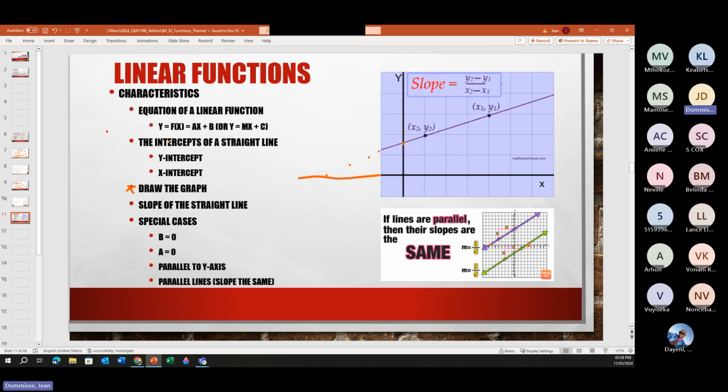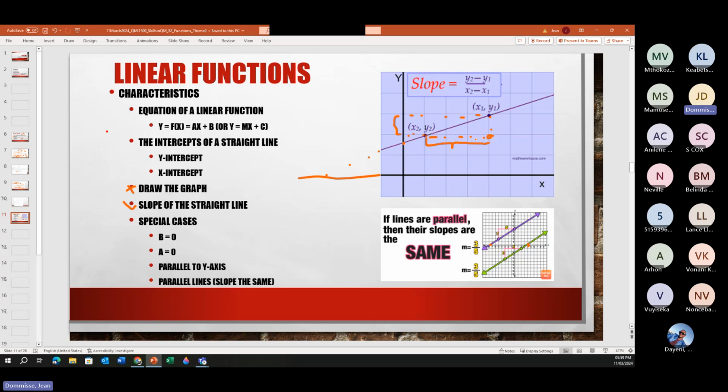Then the other thing is that we want to look at the slope. The slope of the graph is going to be, and we can look at it this way, the difference in that y number and that y number, so that difference divided by this difference.